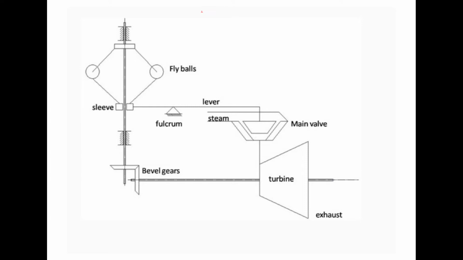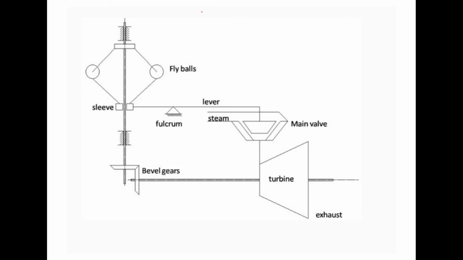While going in the outward direction, the fly ball pulls the sleeve. The sleeve is connected with the fulcrum and the lever to the steam entrance into the turbine.